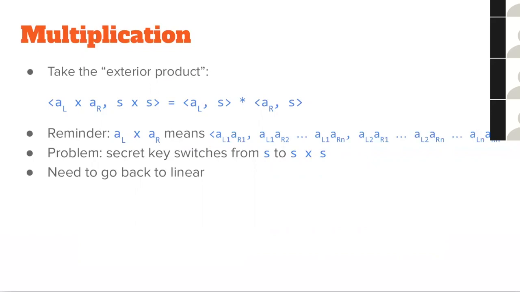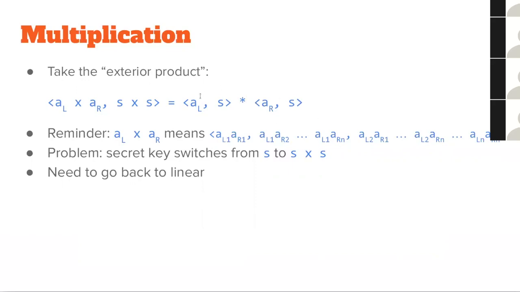Now, you have this nice algebraic identity that says (AL exterior product AR) dot producted with (S exterior product S) equals this dot product multiplied by this dot product, right? Remember that AL is one ciphertext, AR is one ciphertext, and the product of the decryptions, M1 times M2, is just going to be this dot product times this dot product.